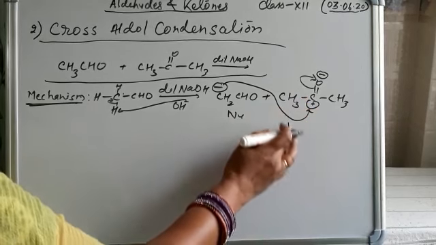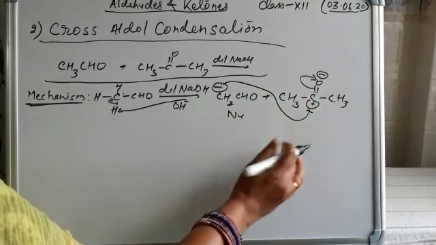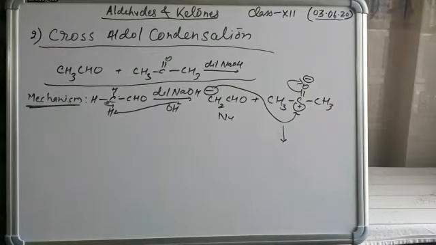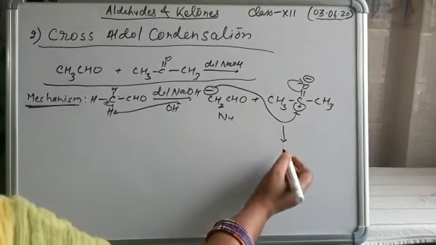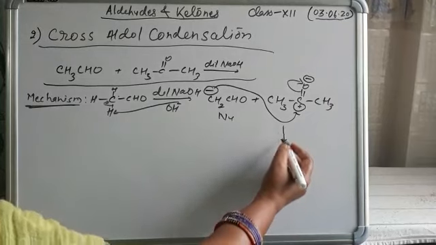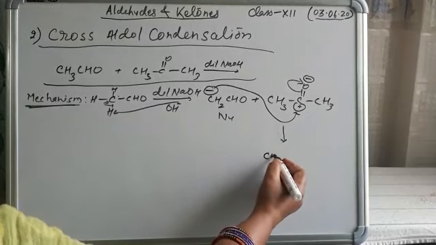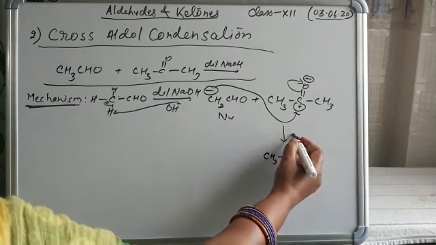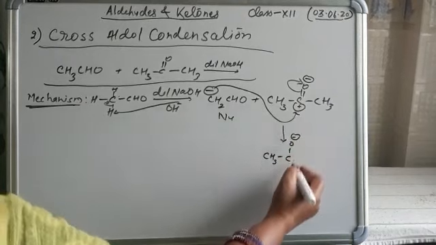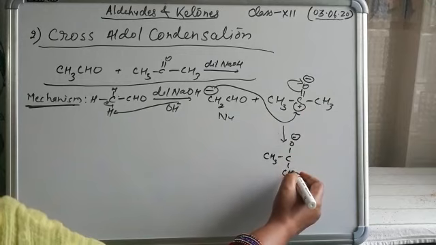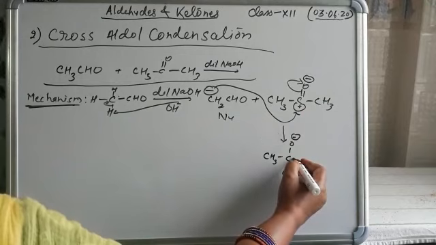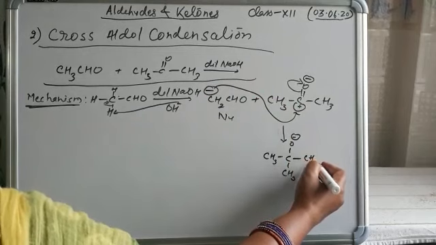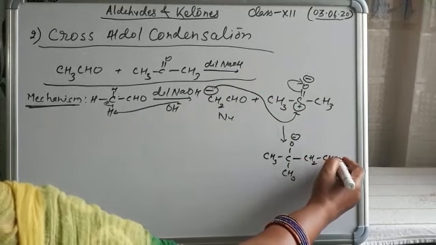Then write down CH3 CO with negative charge and CH3 CH2 attached to this carbon and CHO.